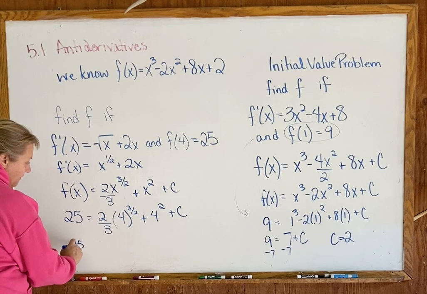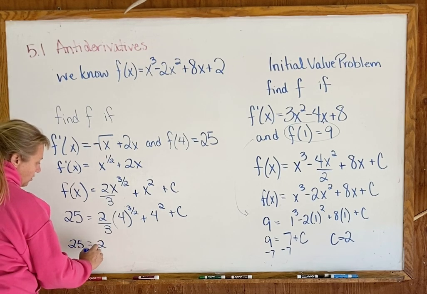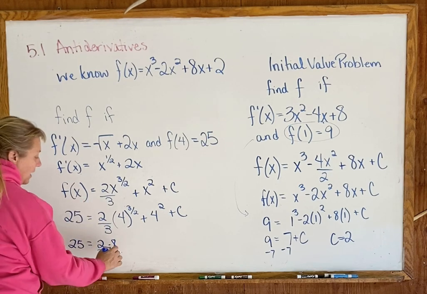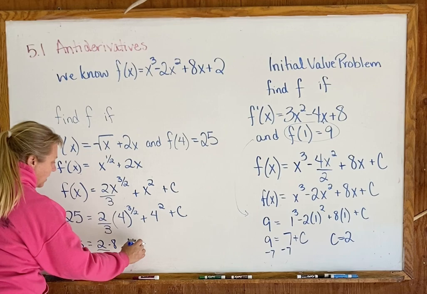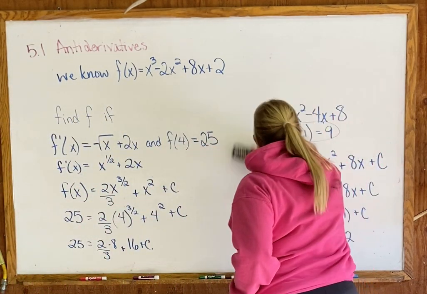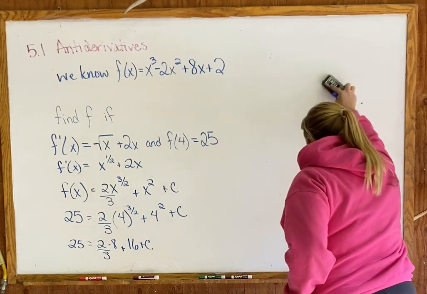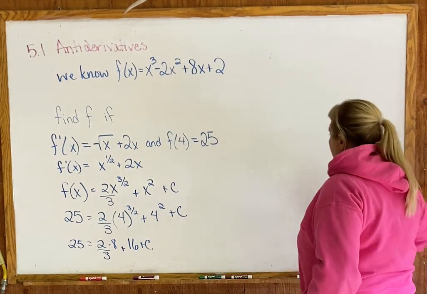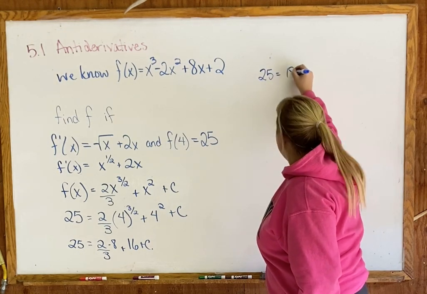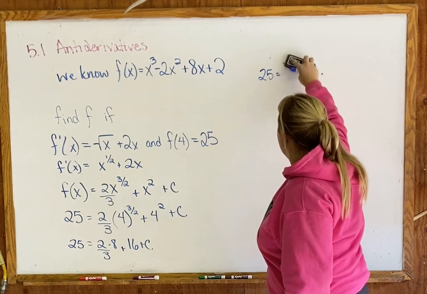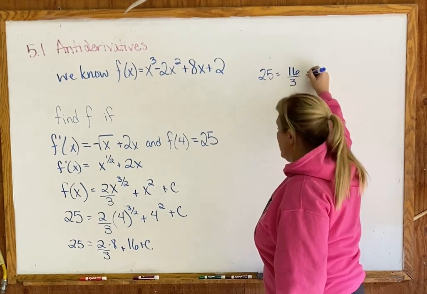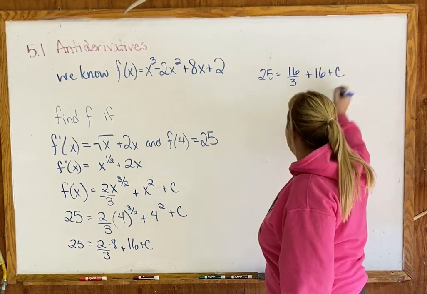So we have 25 equals 2 thirds times 8, plus 16 plus c. So keep going. So 25 equals 16 thirds plus 16 plus c.